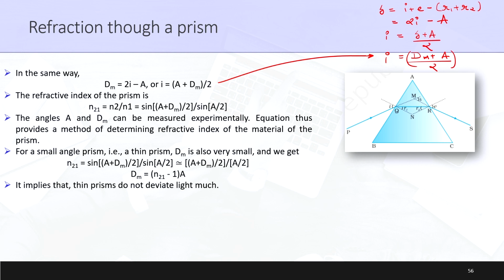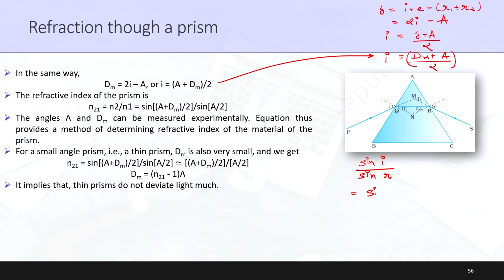So, now what you need to remember for this complete refraction through a prism is the refractive index of the prism. To find out the refractive index of the prism, it is nothing but sin I by sin r. Therefore, we will get sin of I by sin of r.